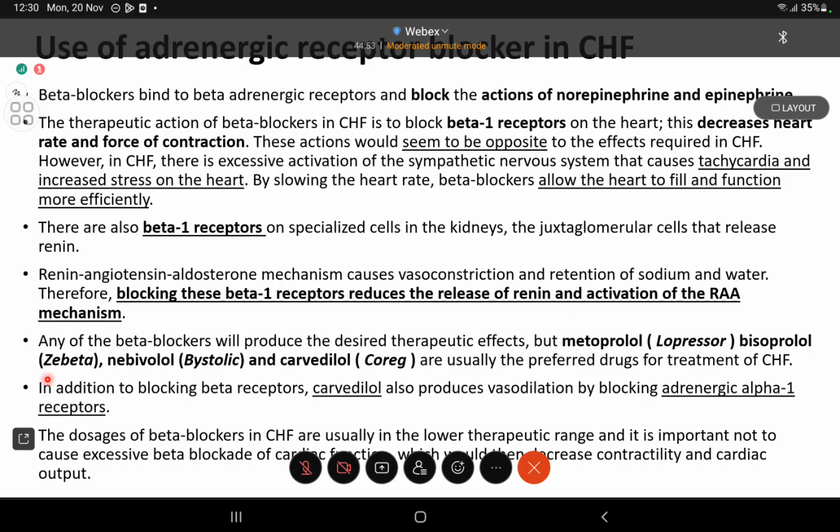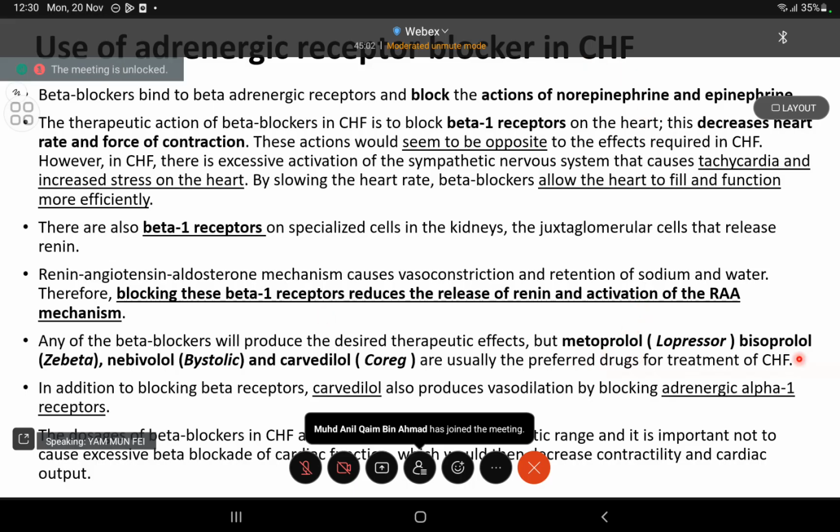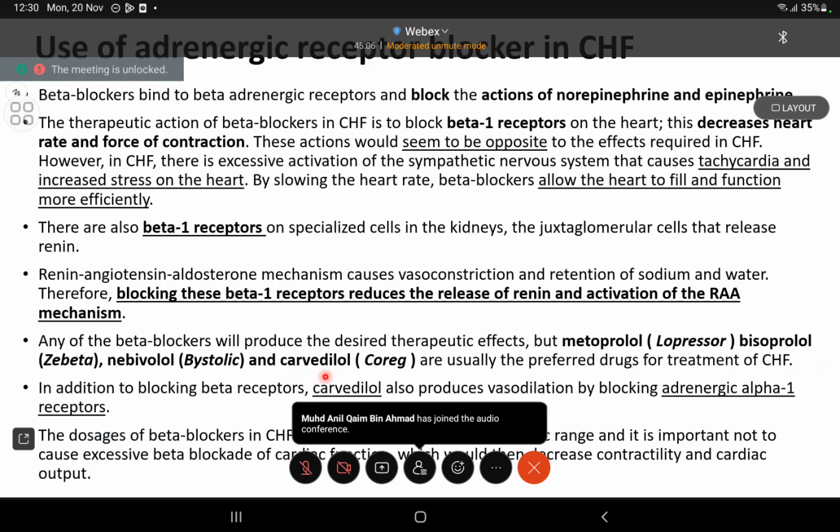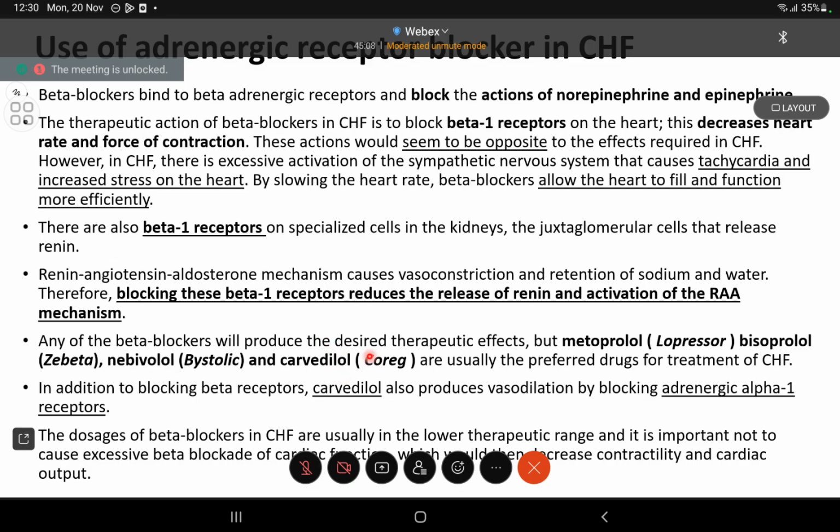So the examples of beta blockers used for chronic heart failure are metoprolol, bisoprolol, carvedilol. Okay, remember carvedilol. The other olols have a similar mechanism.